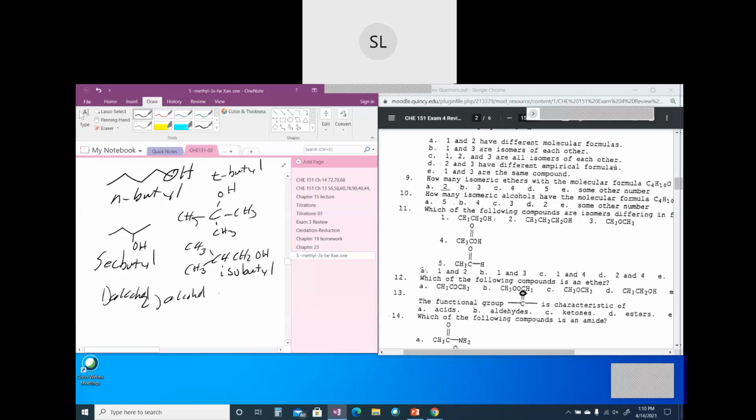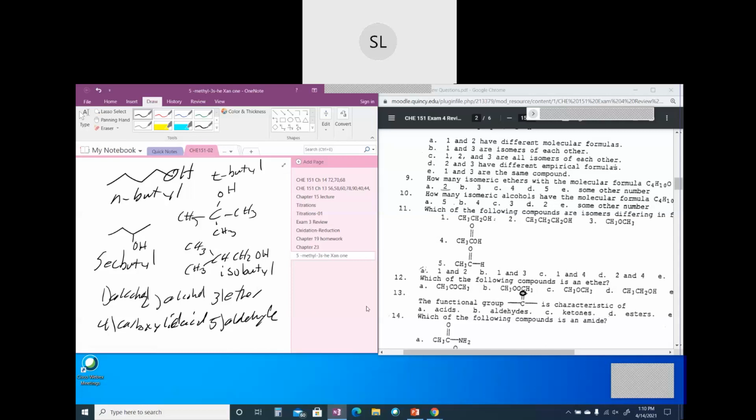Number 3, ether. Number 4, carboxylic acid. Number 5, aldehyde.